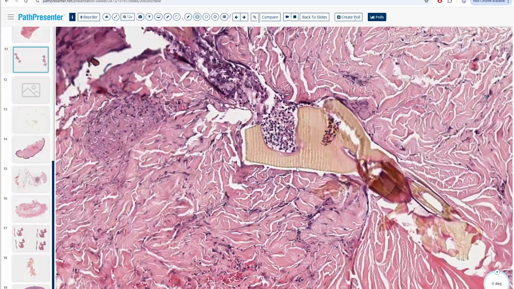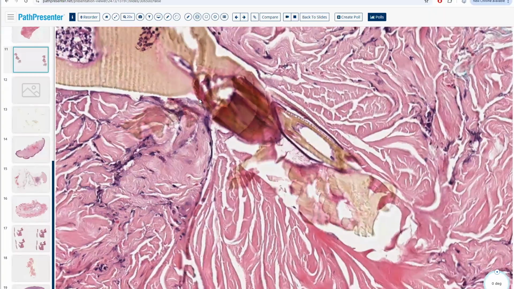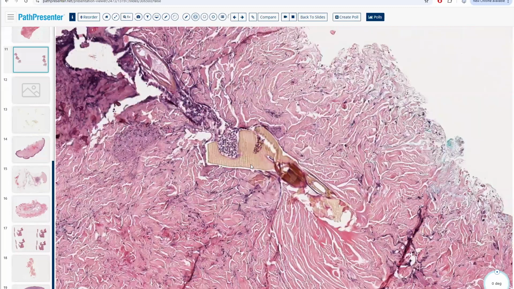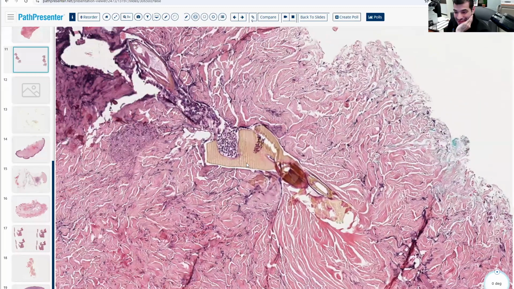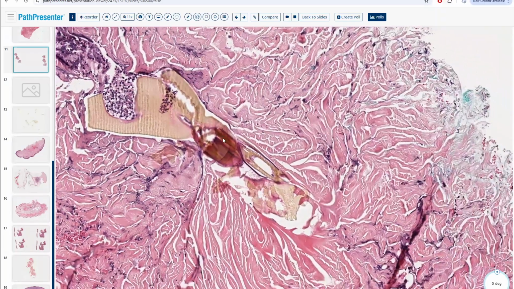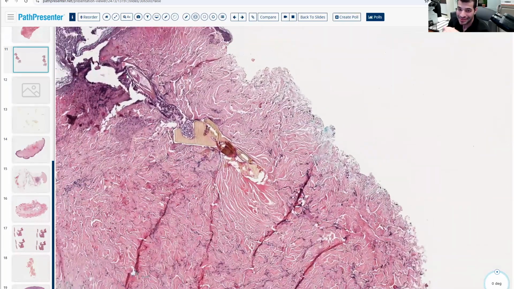Well, does this look like plant material or bug material? You remember that spine that looked yellow? See how this also looks yellow? Well, this is a tick bite.